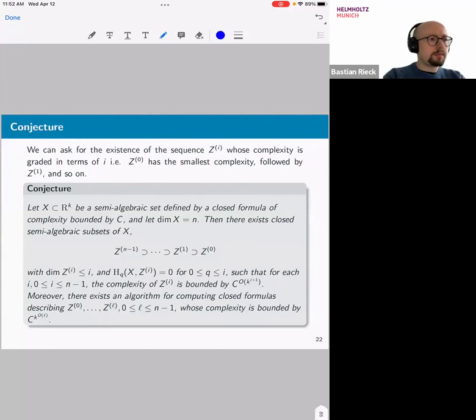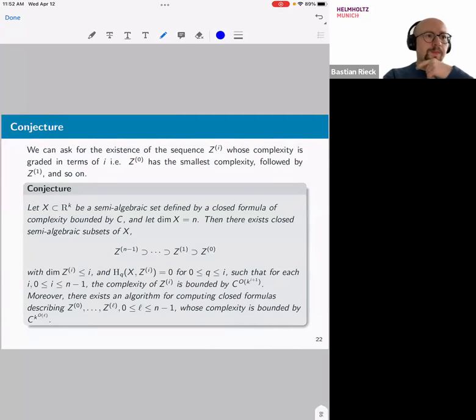So I believe what should be possible, if this is possible, would be an internal approximation up to some fixed dimension of a given semi-algebraic set.